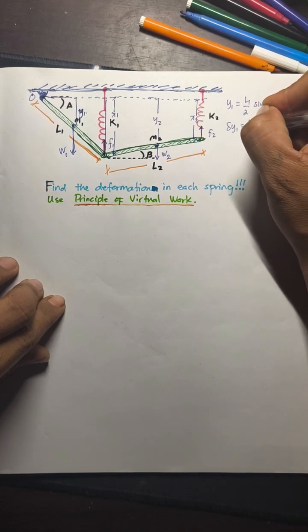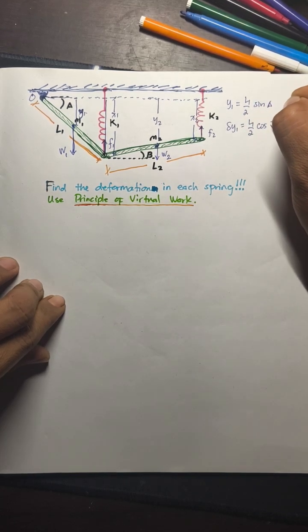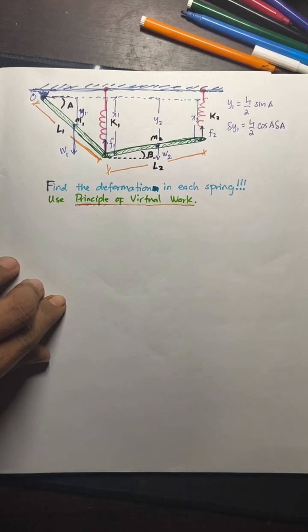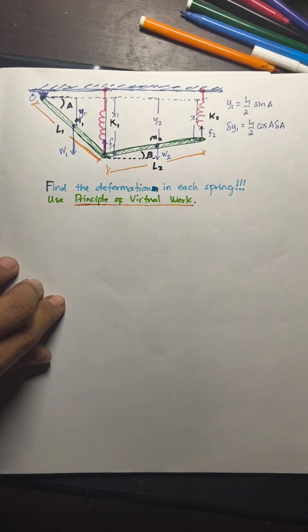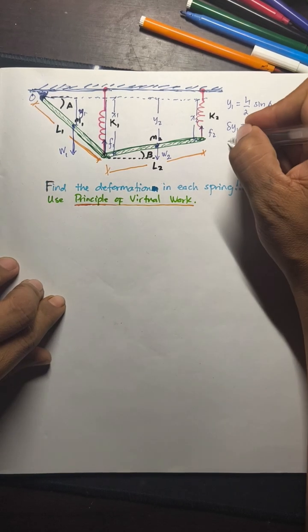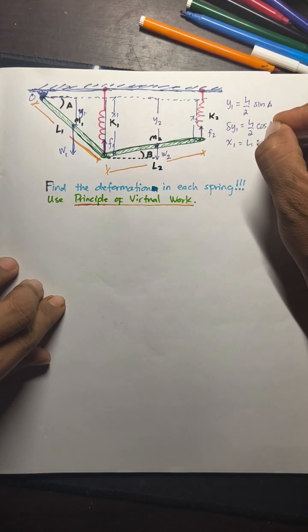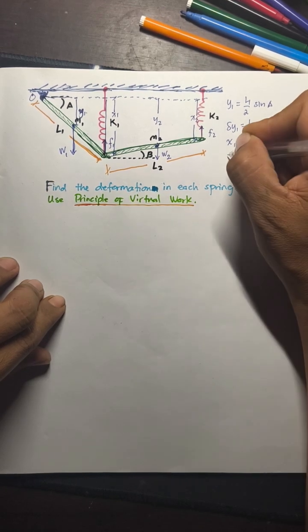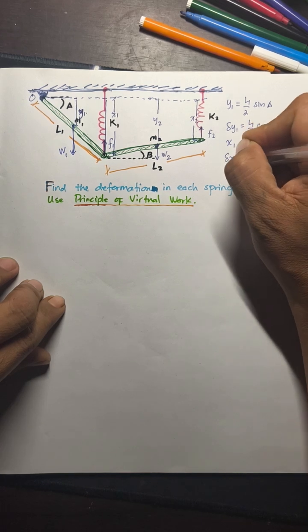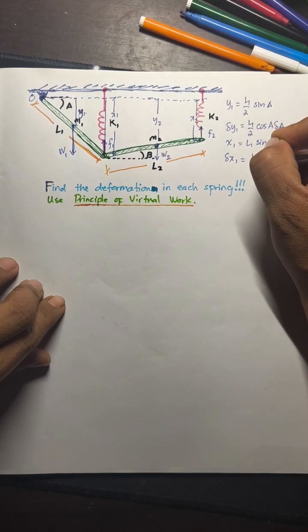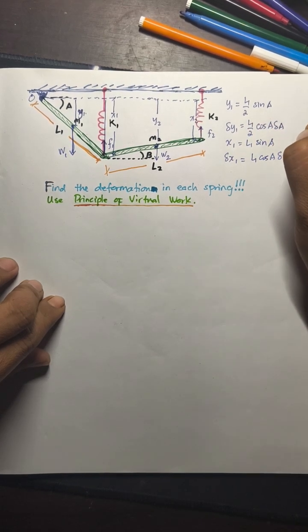This would be L1 over 2 cosine A delta A. And how about x1? x1 would give us L1 sine of A, and delta x1 would be L1 cosine A delta A.